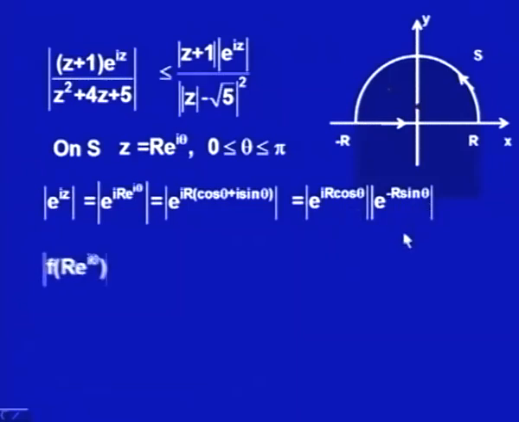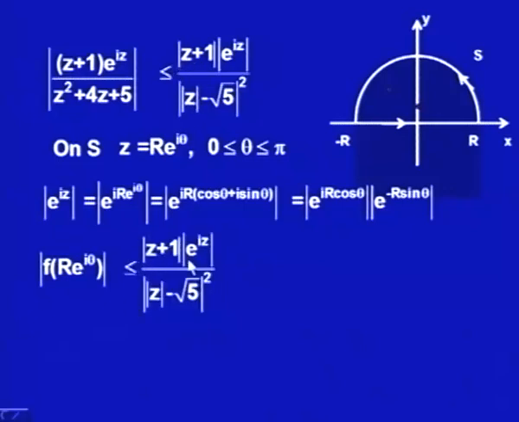So, again we would be getting e to the power minus r sin theta. In the similar manner, this bound for f z, that is now I am writing as f of r e to the power i theta, for this part we had already got that this is less than some constant k upon r, and e to the power iz is e to the power minus r sin theta.